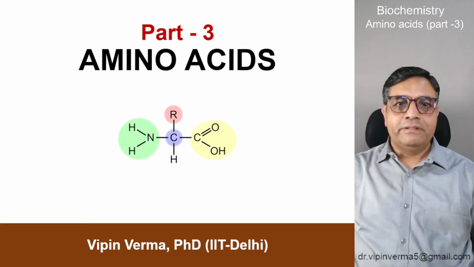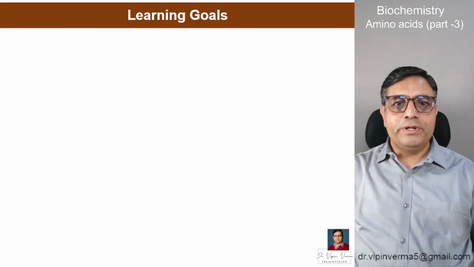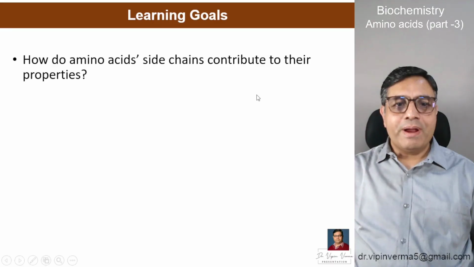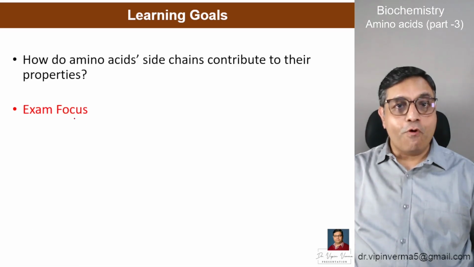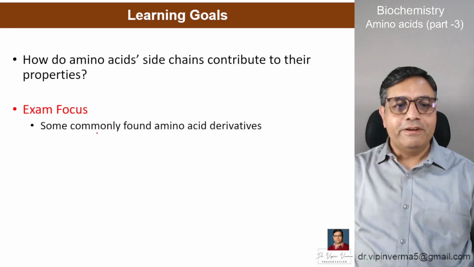In today's lecture, we are going to wrap up the discussion about amino acids. In this third part of our series, we are going to learn how amino acid side chains contribute to their properties, and some examination-focused important points, where we are going to discuss some commonly found amino acid derivatives, and most of them are non-proteinogenic.